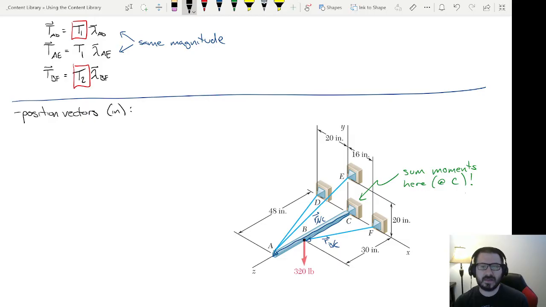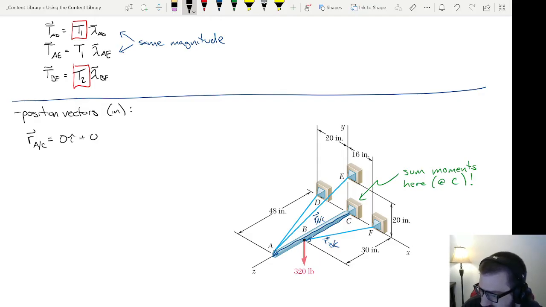The nice thing about this problem, and this is another reason why summing moments at C is such a great idea, is that the position vectors are all going to be aligned along the z-axis, and they're all going to be positive. So writing them out is going to be pretty easy. That R vector to A is just going to be 0i plus 0j plus 48k.